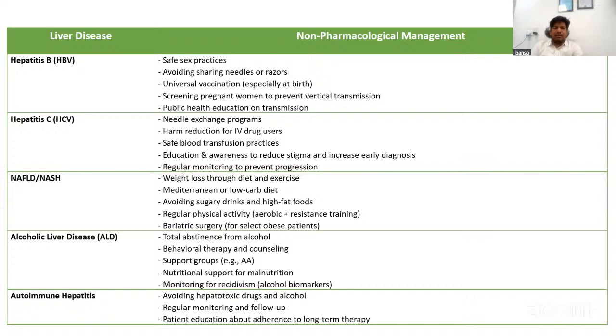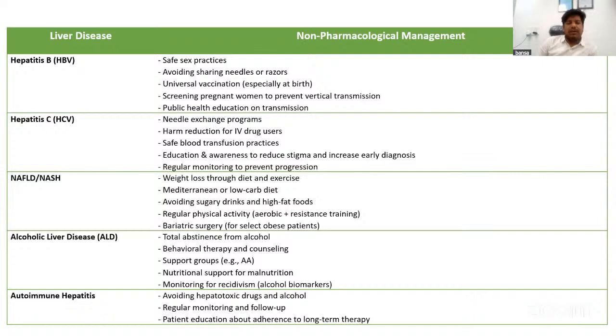Hepatitis C, same route: needle exchange program, harm reduction for IV drug users, safe blood transfusion practices, education and awareness to reduce stigma and increase early diagnosis, and regular monitoring to prevent progression.